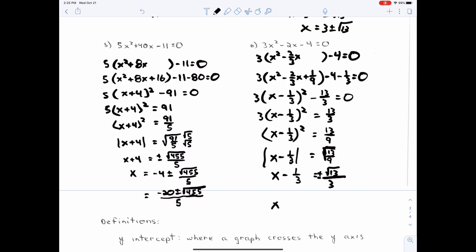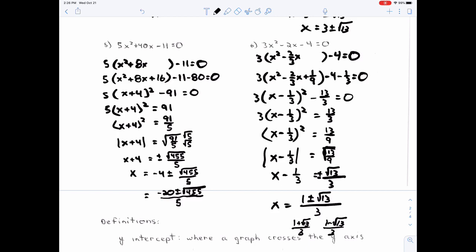And then if I bring over the 1/3, I get 1 plus and minus square root of 13 all over 3. And don't forget, that's two numbers. It's 1 plus square root of 13 over 3 and 1 minus square root of 13 over 3. Okay? That's it.